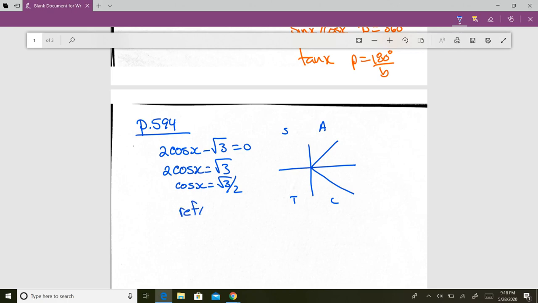Find your reference angle. Remember, you use the inverse function, cos to the minus 1 of root 3 over 2, which will give you 30 degrees. So we know our reference angles are 30 and 30.